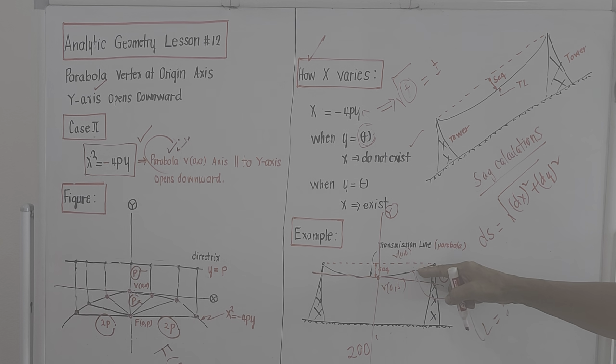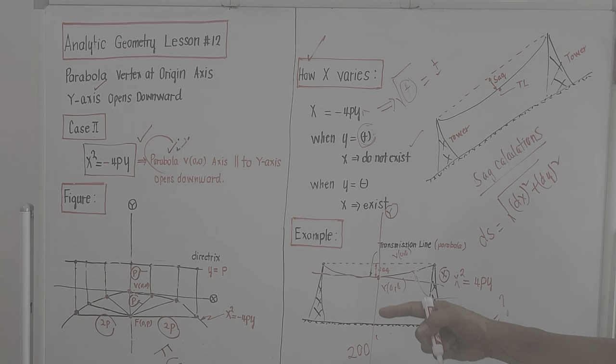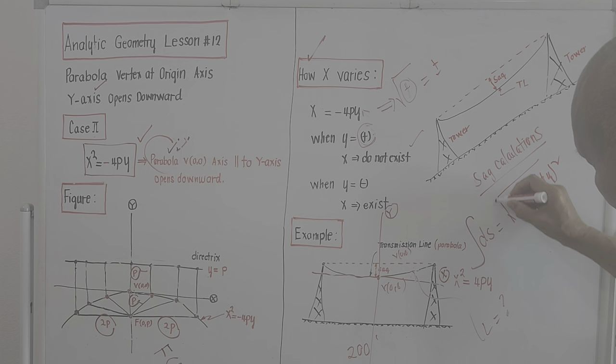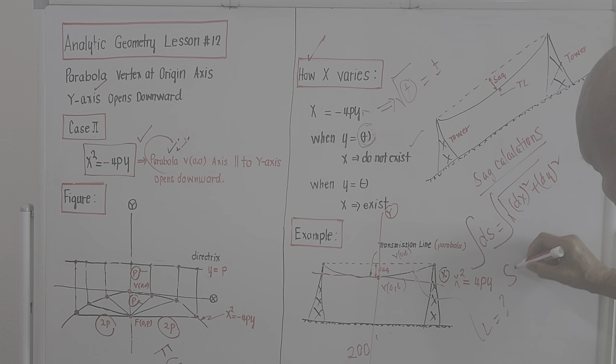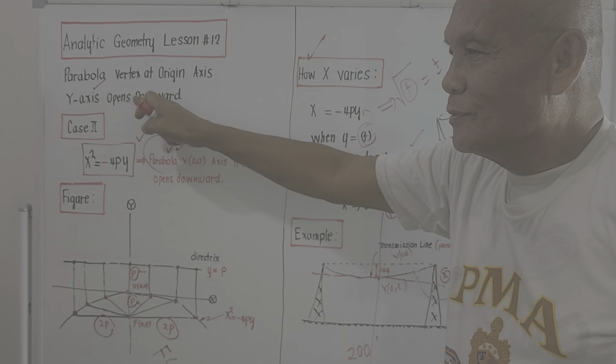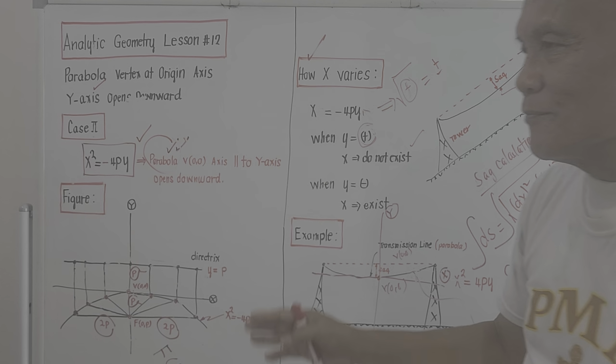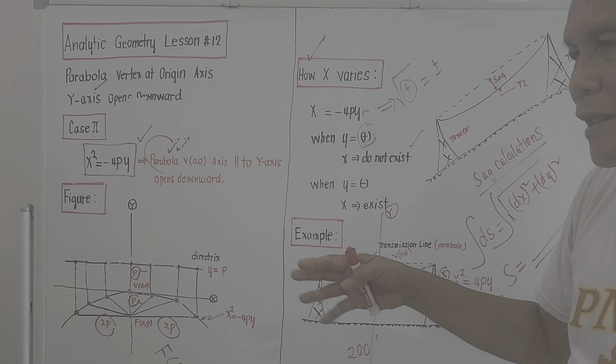So if you know the equation of this one by using your knowledge of analytic geometry, and if you integrate this one, s now will be the total length of the transmission line. It's all calculus. That's it, guys. This is now the concept of lesson number 2. I just emphasized the importance of a parabola in real life problems.